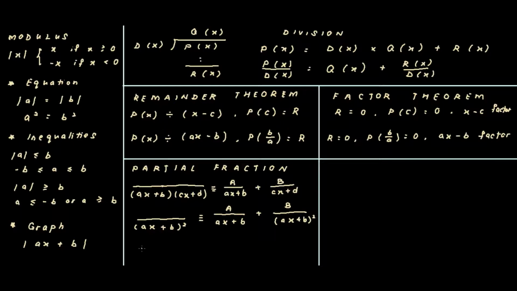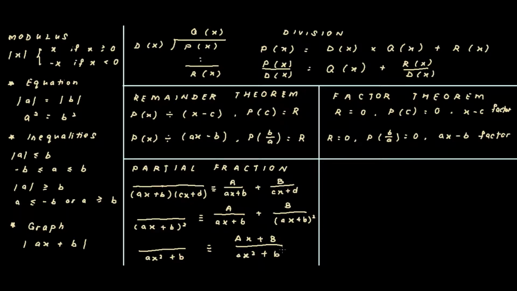Then the third type is the quadratic that cannot be factorized. For this form, you only learn the form like ax squared plus b only, not ax squared plus bx plus c. Since this is a square, the numerator will be ax plus b over ax squared plus b.